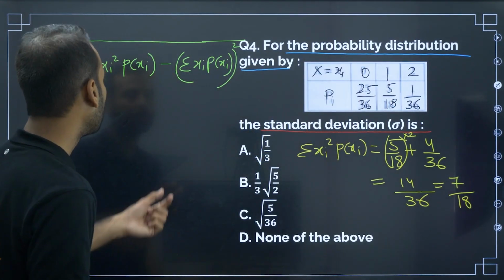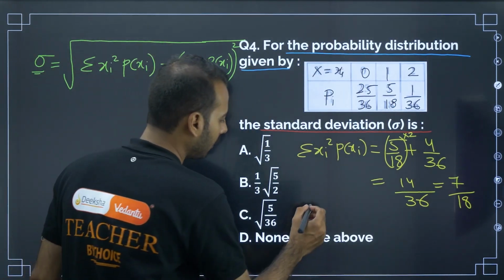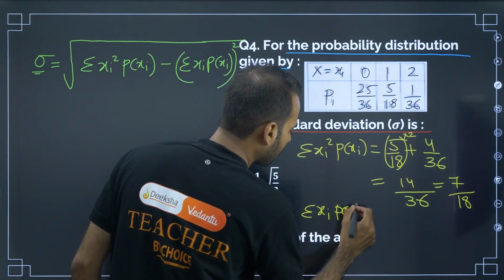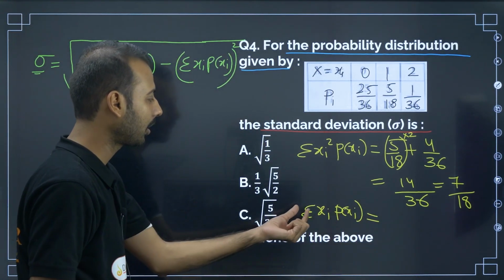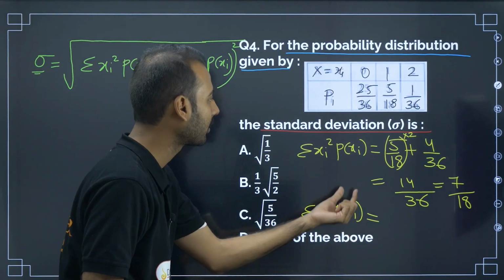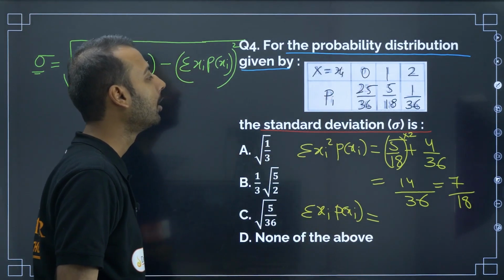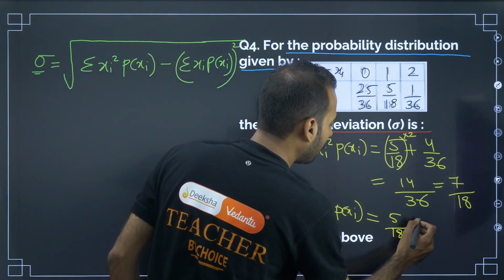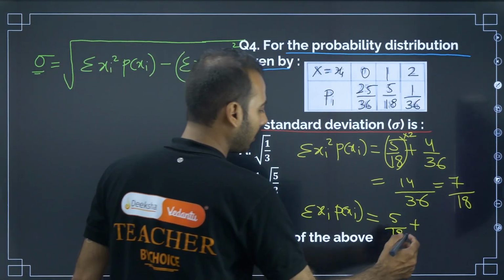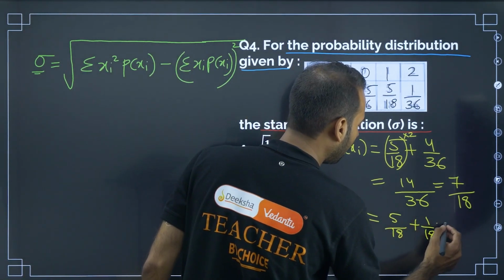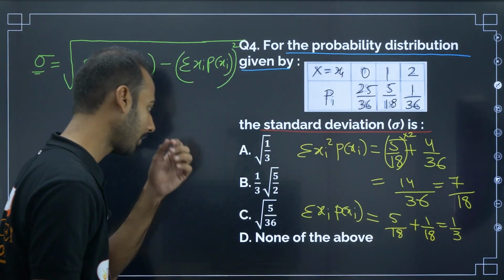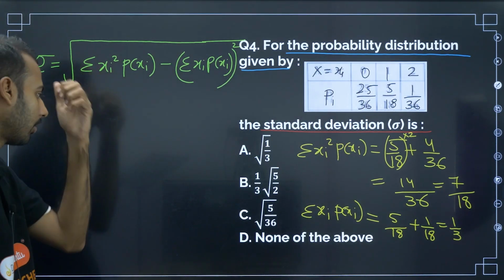So 14 by 36 is equal to 7 by 18. Next, summation xi p of xi. Summation means addition. Xi p of xi, we have to multiply these: 0, next 5 by 18, plus 2 by 36 is 1 by 18, which equals 6 by 18, which is 1 by 3.